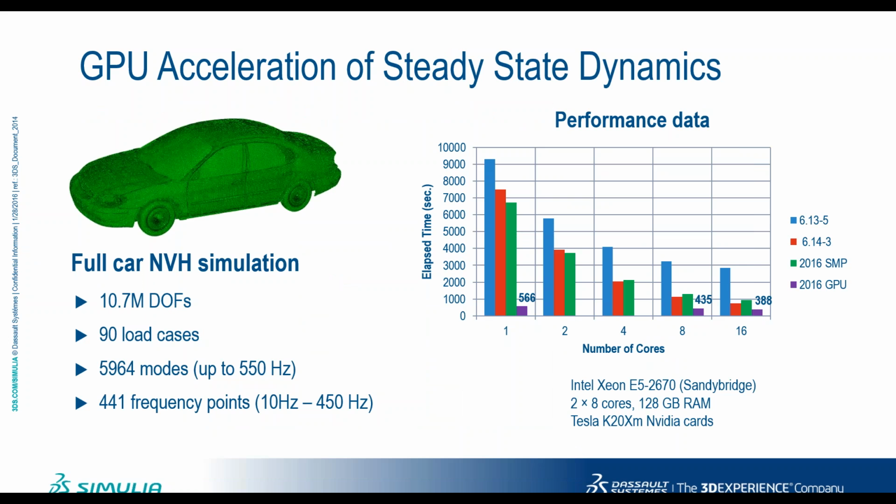Also, for steady-state dynamics, from now on GPU acceleration works. So now you can go really high in terms of number of elements. You can even simulate full car body type problems with multiple load cases and many modes. This is all going forward in terms of parallel computing and performance improvements.